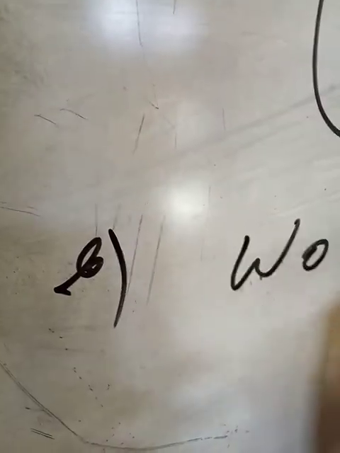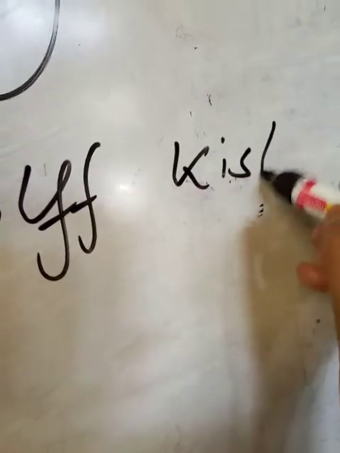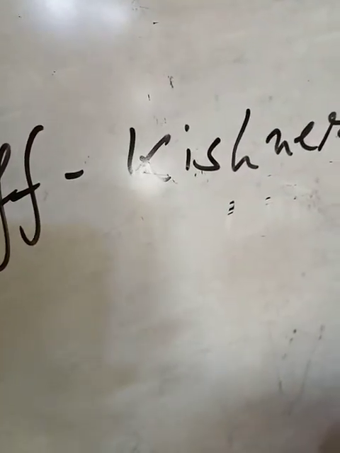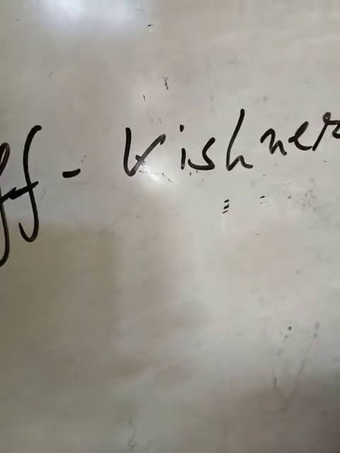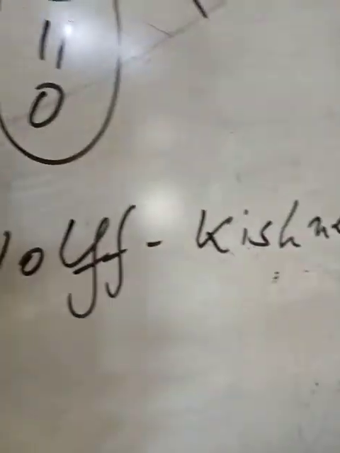Another is Wolff-Kishner reduction. By this reduction also, aldehydes and ketones can be reduced to alkane.